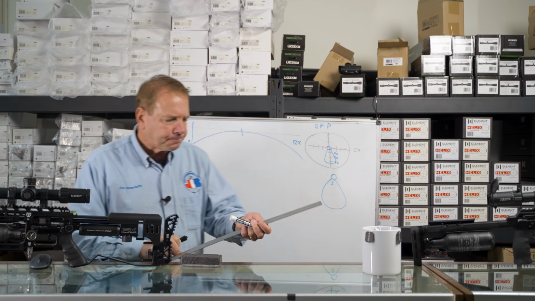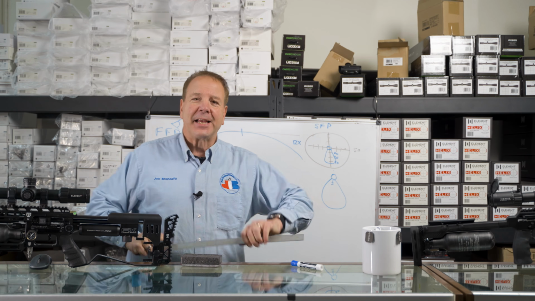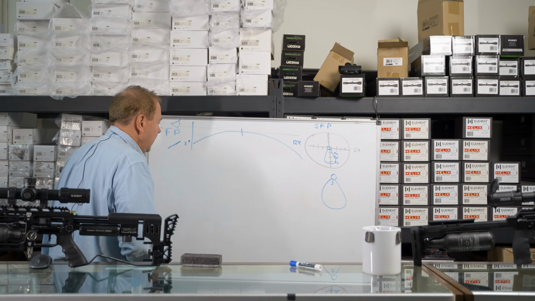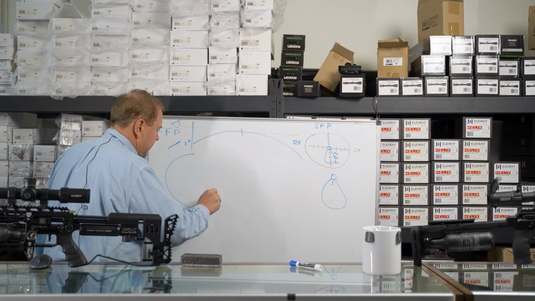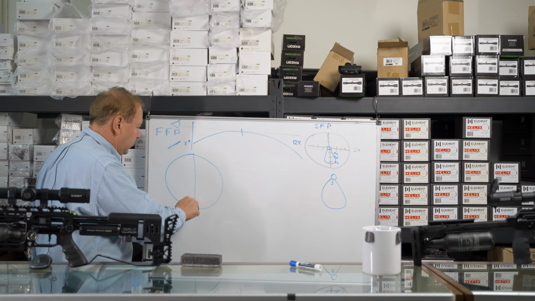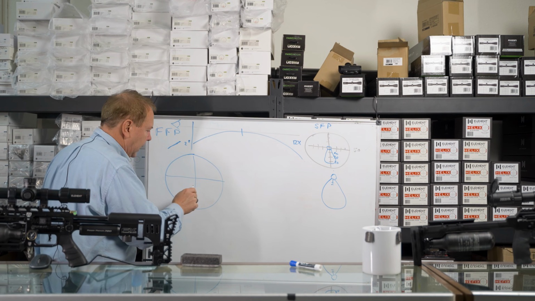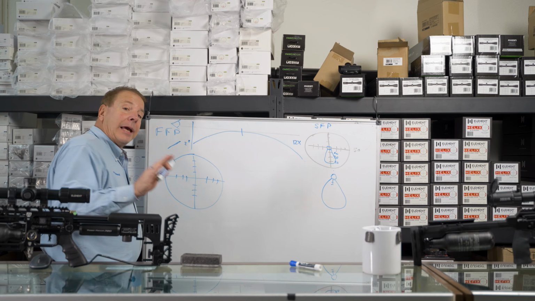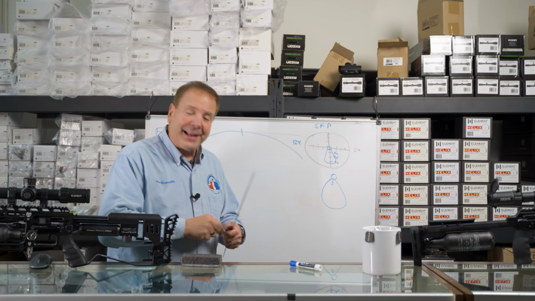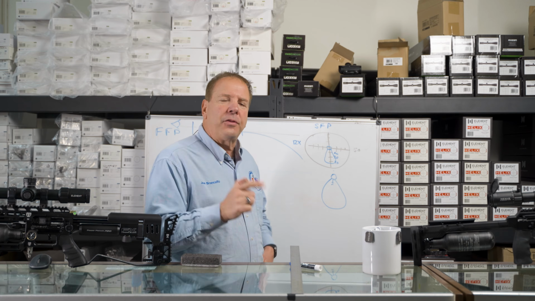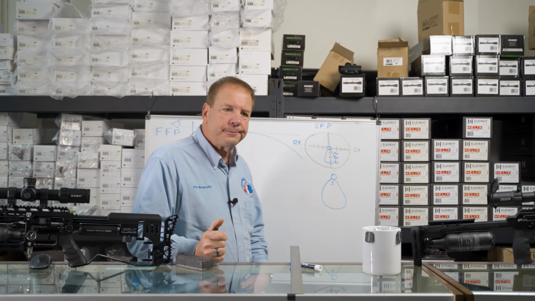As you see, this is our scope, looking through it with that beautiful reticle in there, and it's got its hash marks. These could be MOA, they could be MRAD. I don't care. In fact, before I even go into this, I'm going to show you another reason why I love a first focal plane scope.